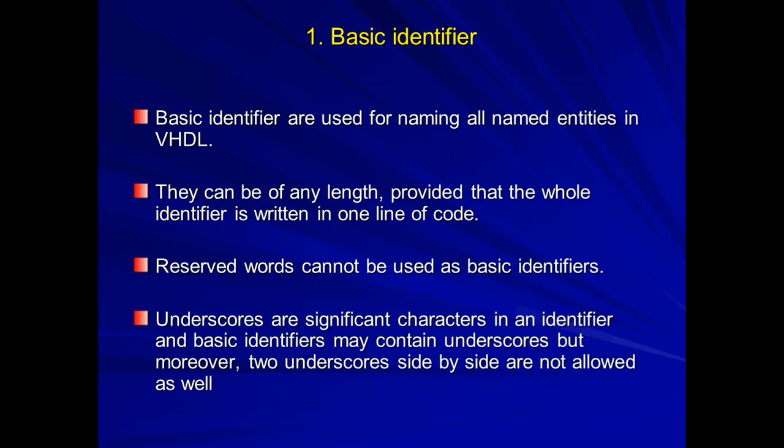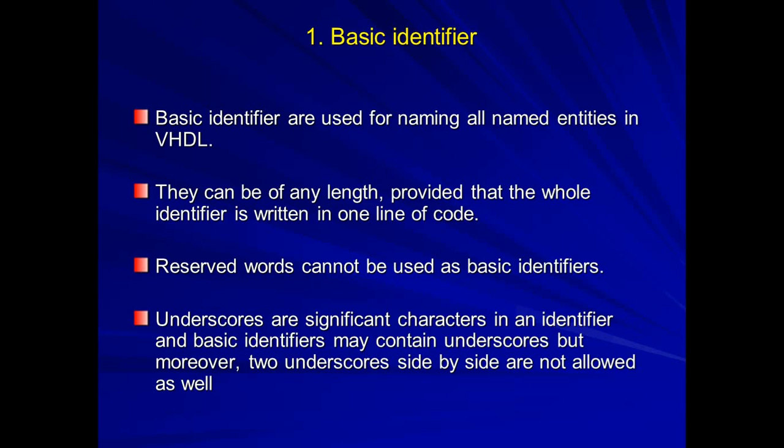As identifiers are divided into two categories, basic and extended identifier, let's see the basic identifier. Basic identifiers are used for naming all the named entities in VHDL. They can be of any length, provided that the whole identifier is written in one line of code. We cannot use reserved keywords or reserved words as a basic identifier.